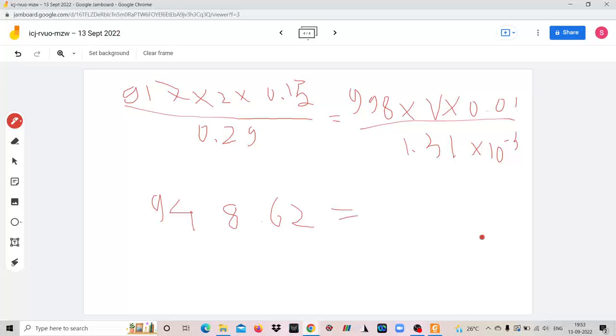That is equal to 998 into 0.01, then divided by 1.31. So it is 7618.32 B. So finally, what will be V?